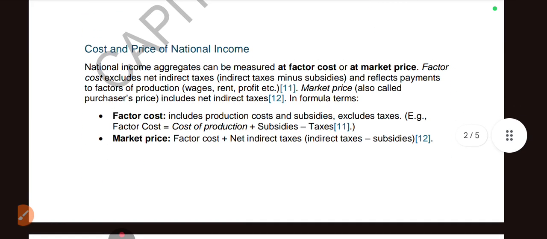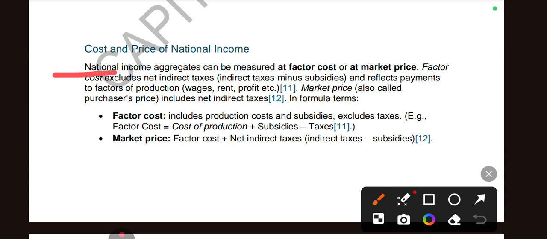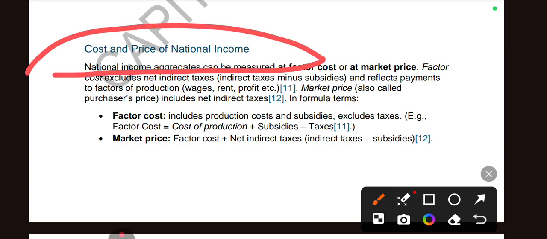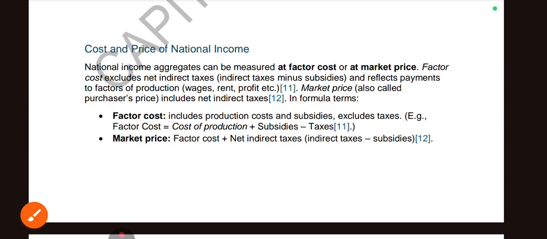Next, let us understand the cost and price of national income. National income aggregates can be measured at factor cost and market price. Factor cost excludes net indirect tax, that is indirect tax minus subsidy, and reflects payments to factors of production. Market price is also called purchase price. With an example I will explain.